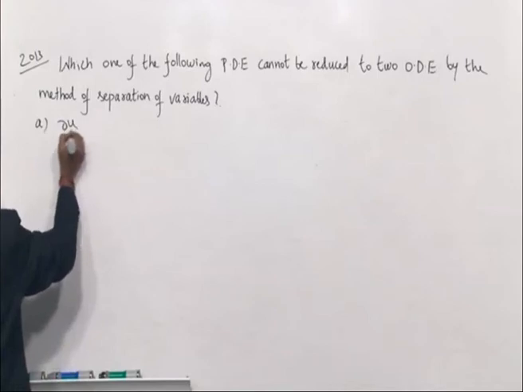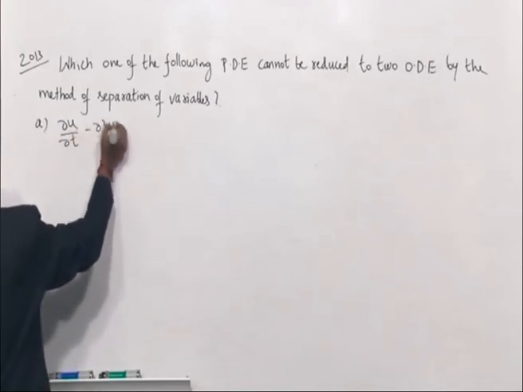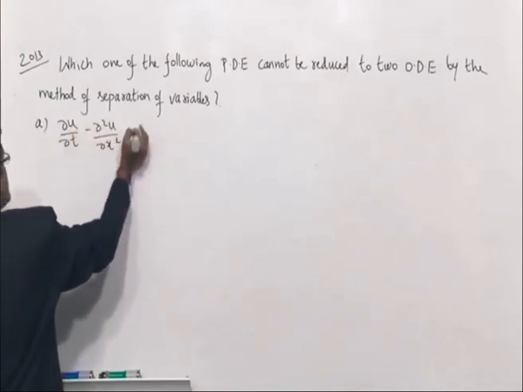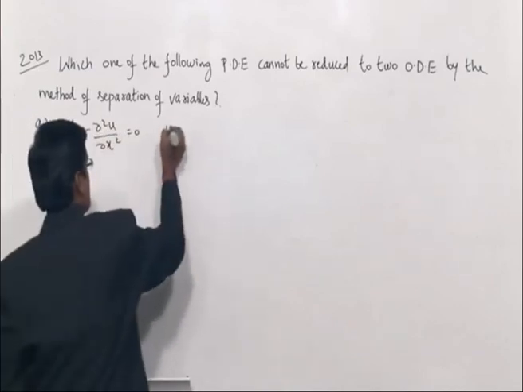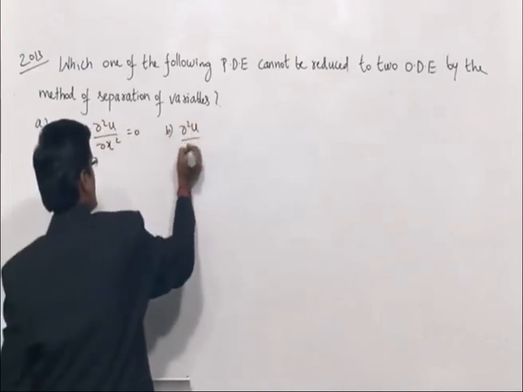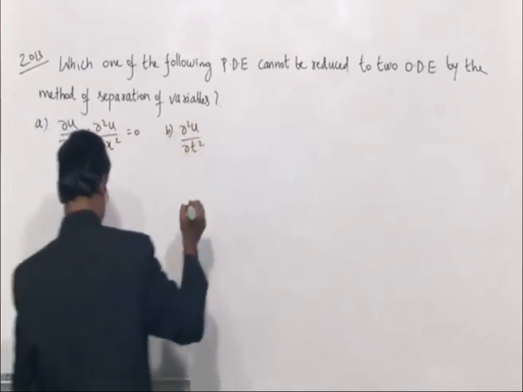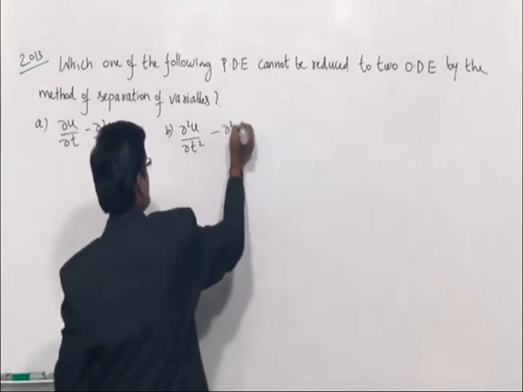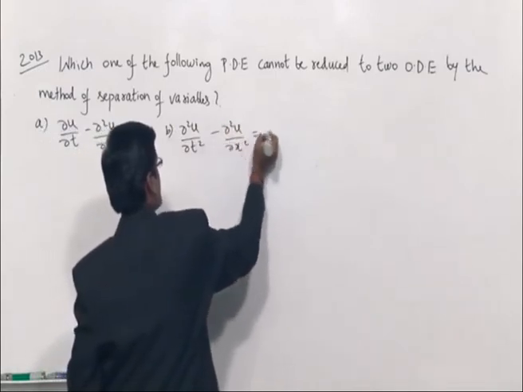dou u by dou t minus dou square u by dou x square is equal to 0. B, dou square u by dou t square minus dou square u by dou x square.